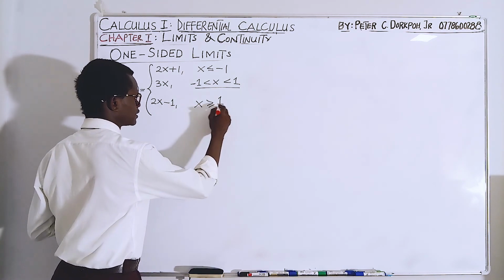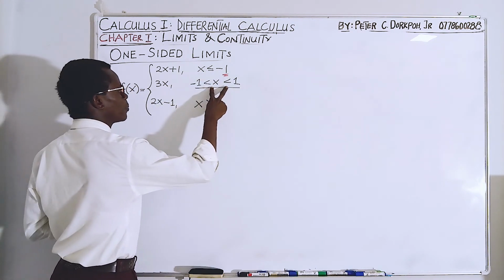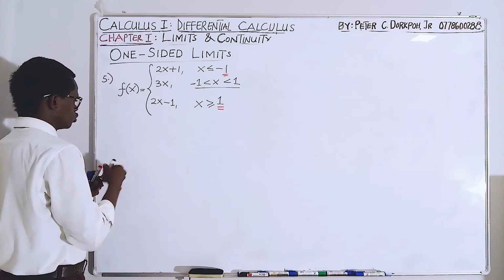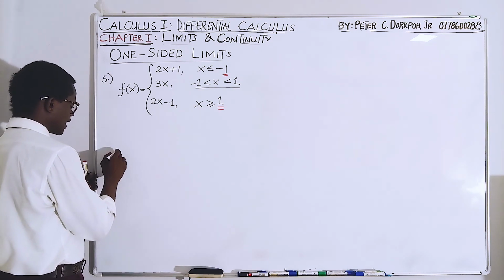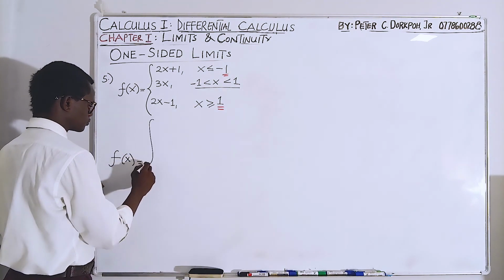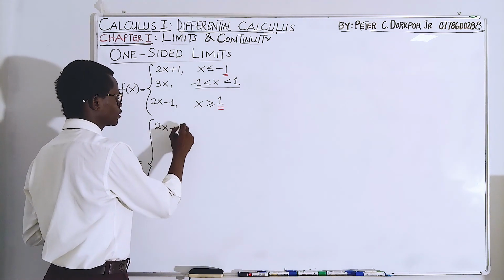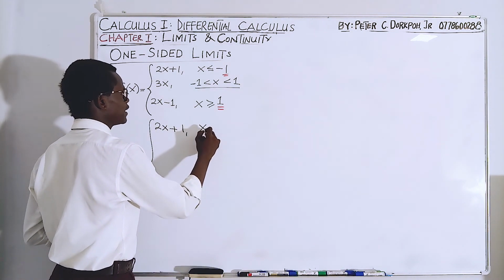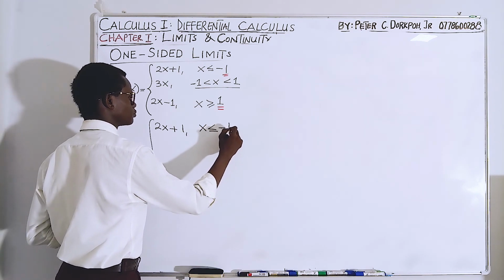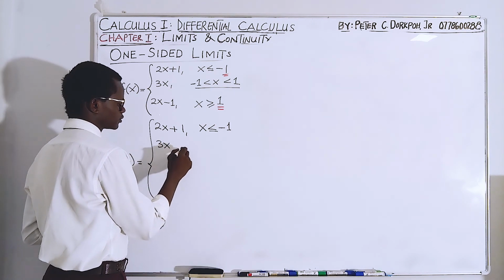Now, since we also have two different numbers, like 1 and minus 1, it means we can open up this double inequality. So we can rewrite this as the function f of x is 2x plus 1 if x is less than or equal to minus 1. Now this one is 3x.